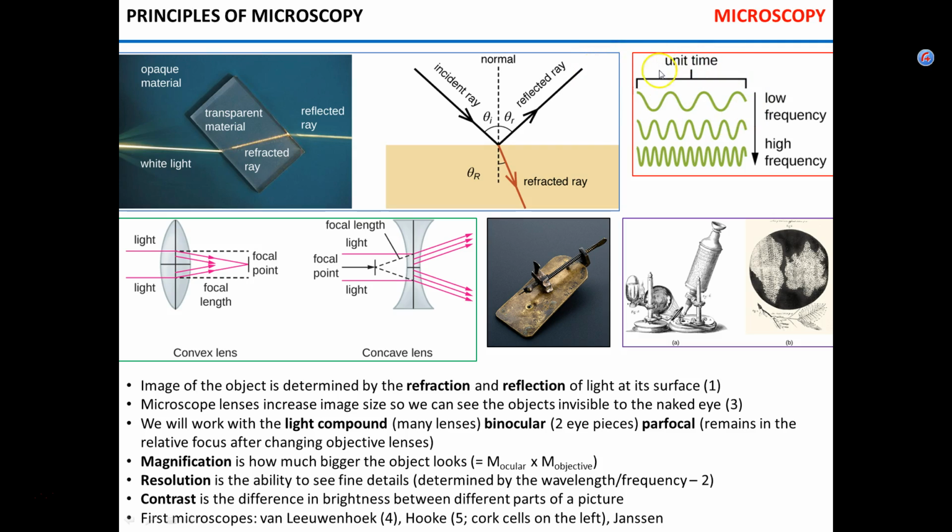So these waves have low frequency and large wavelength. These waves have high frequency and short waves, right? So the higher the frequency, the better the resolution. Which light has the highest frequency? Which part of the visible spectrum is the highest frequency?